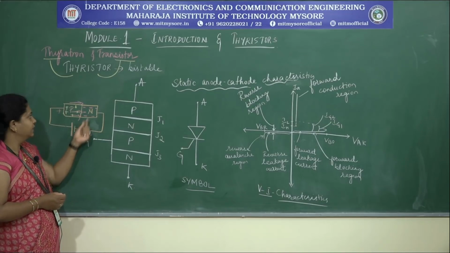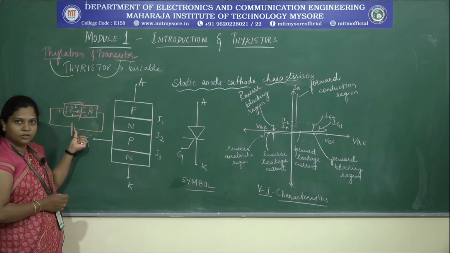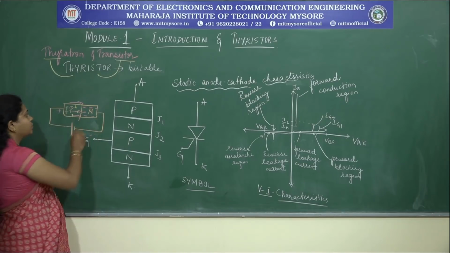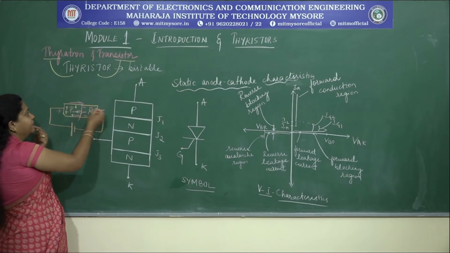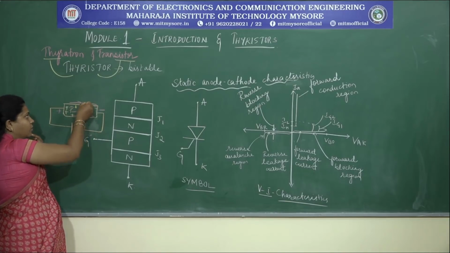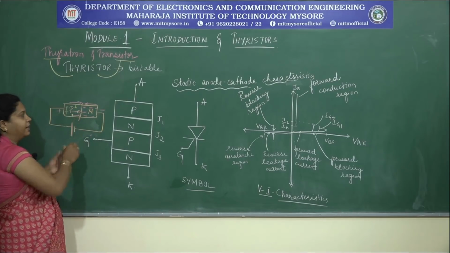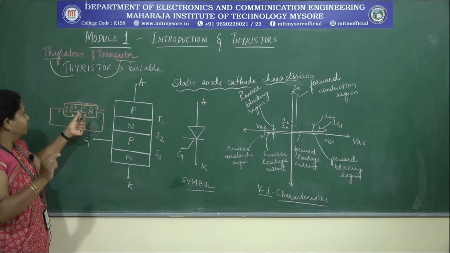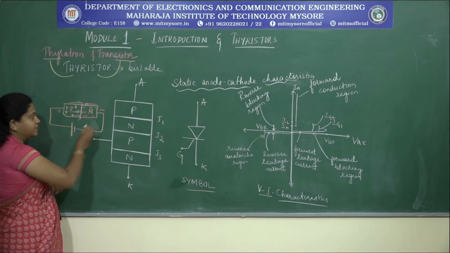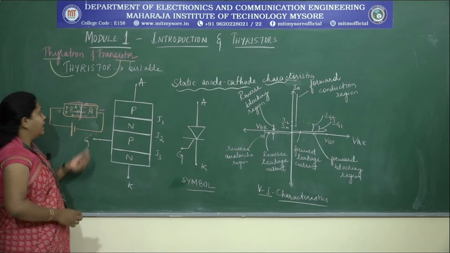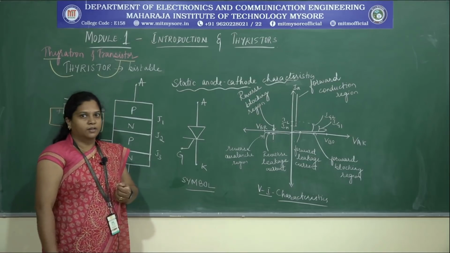Similarly, in the N region, excess electrons are there and we have connected it to the negative potential of the battery. So negative and negative, again it starts repelling and moves away like this. So when this potential is applied across a PN junction diode, automatically this barrier is broken down and it allows the current to flow through it, right.